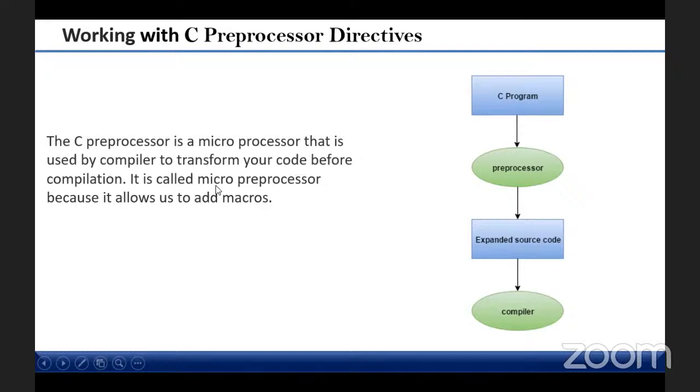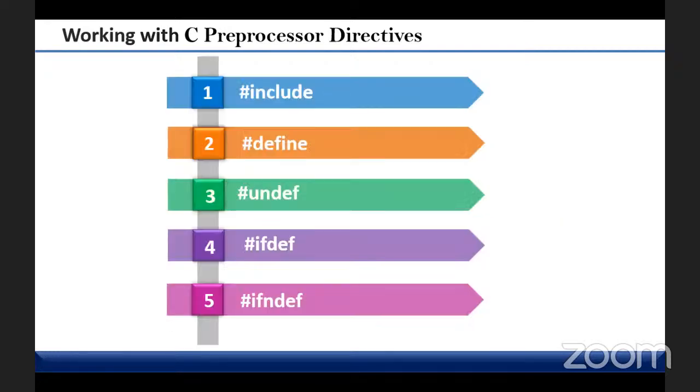It is called a macro processor because it allows us to add macros. I'll show you the different types of macros. How can we identify them? Whenever you use hash, it indicates a preprocessor directive.